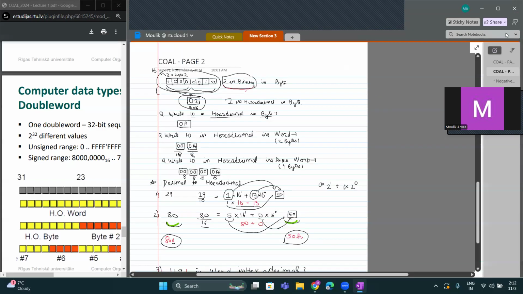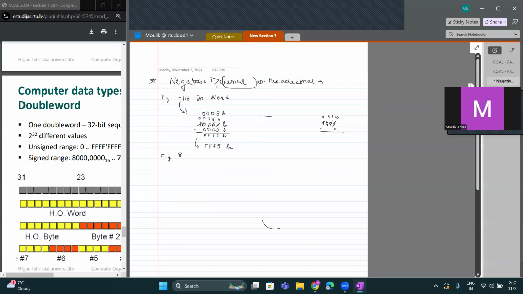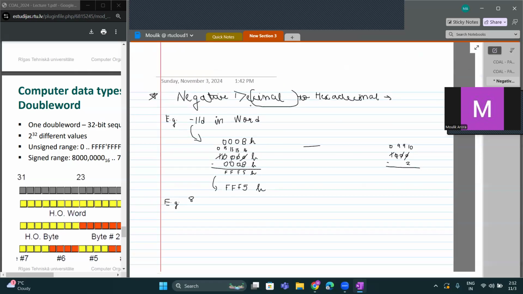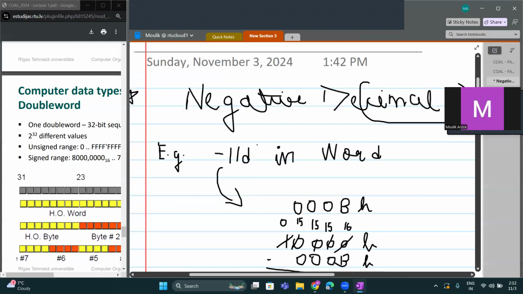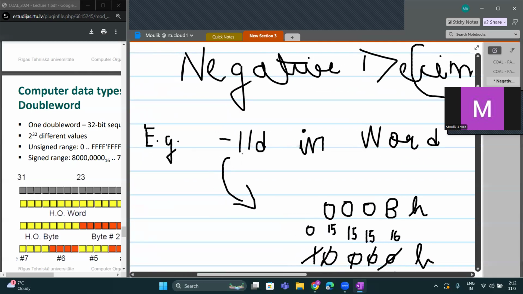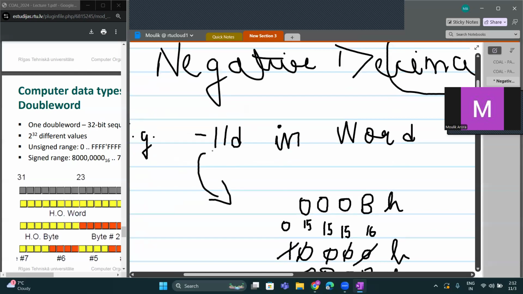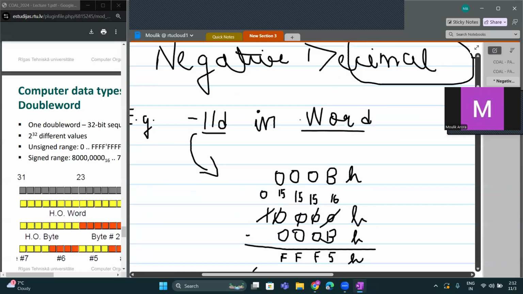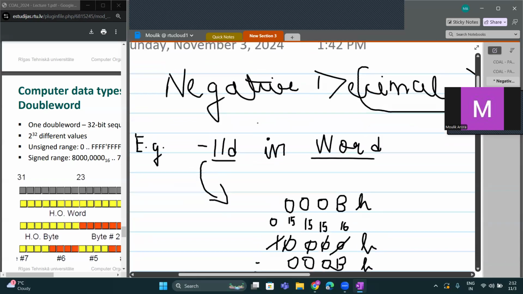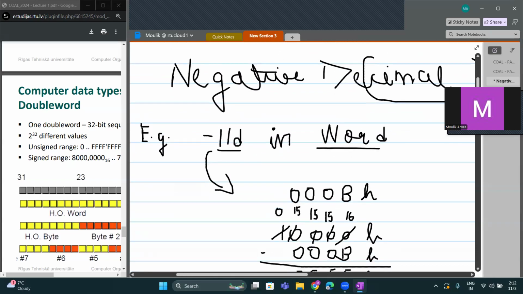Now next, how do we convert negative decimal to hexadecimal? For example, we want to convert -11 in decimal format, which is in word, to hexadecimal. First of all, we write the positive value of this number.